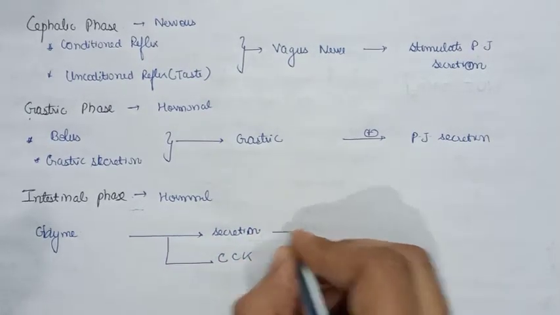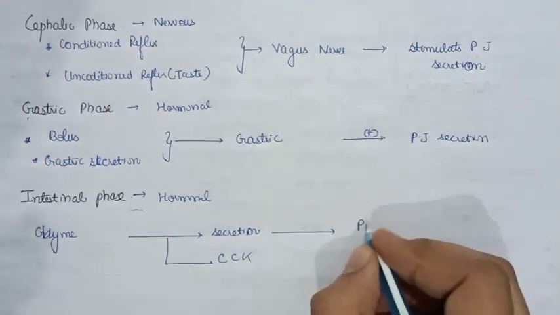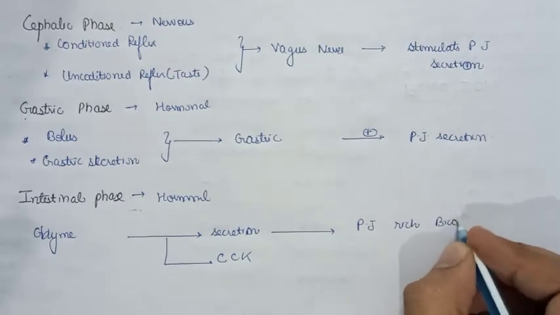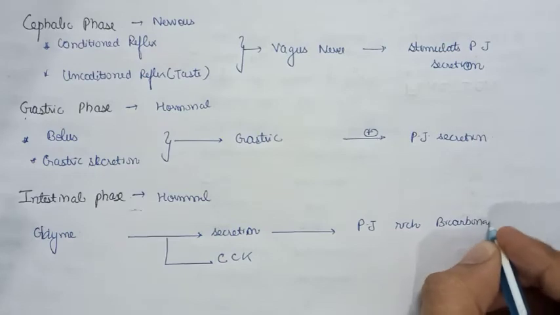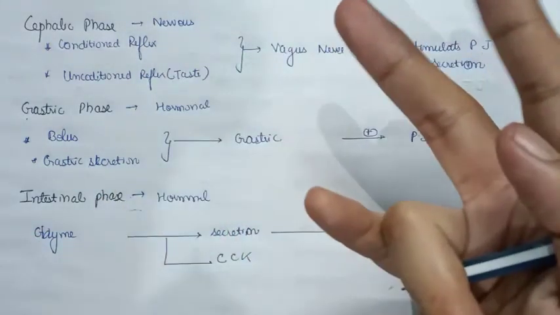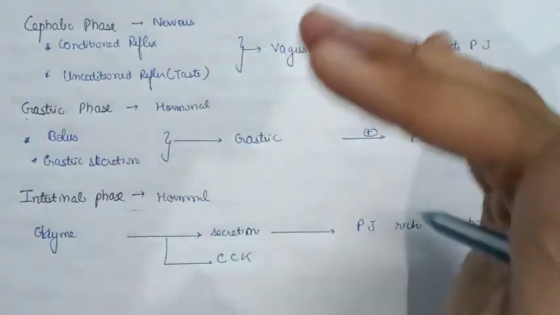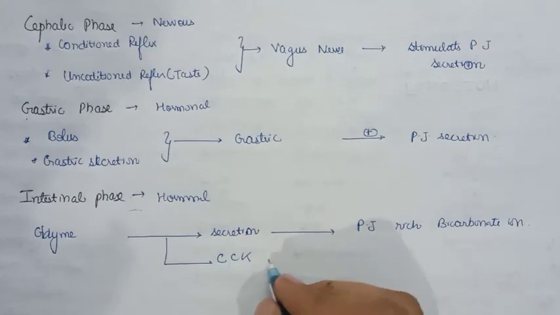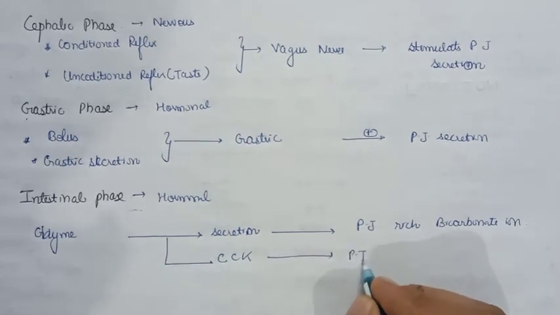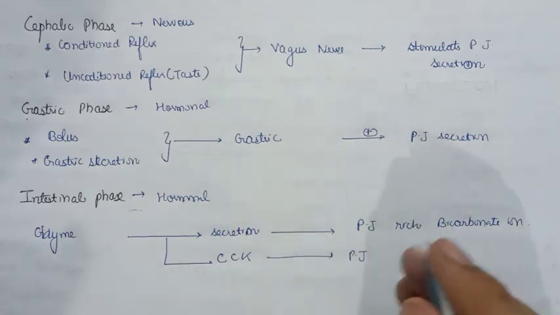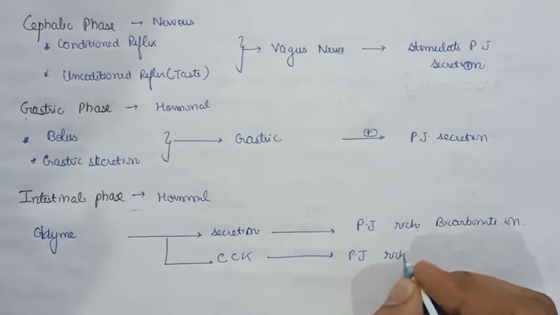Secretin stimulates the secretion of pancreatic juice rich in bicarbonate, and cholecystokinin will help in the secretion of the pancreatic juice rich in enzymes.